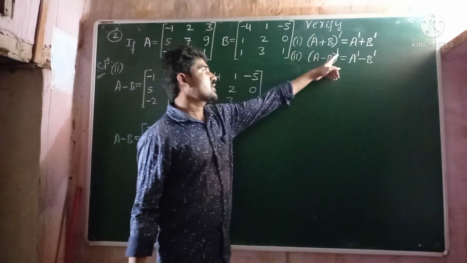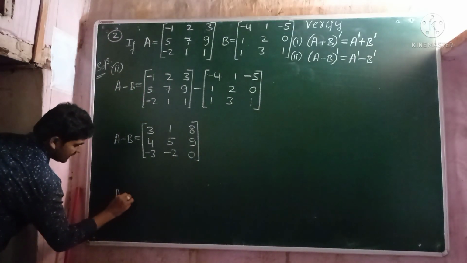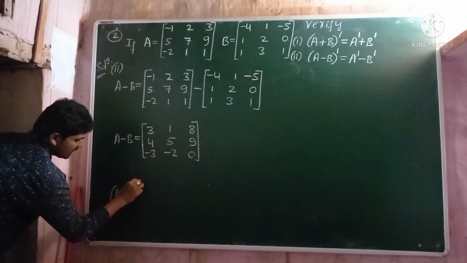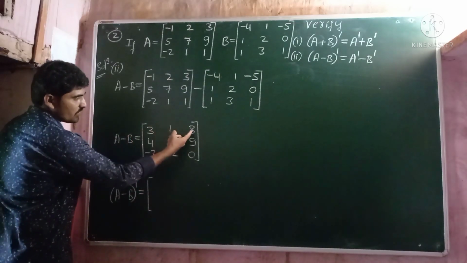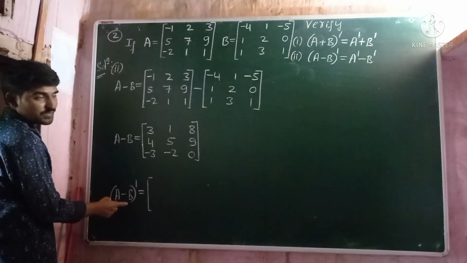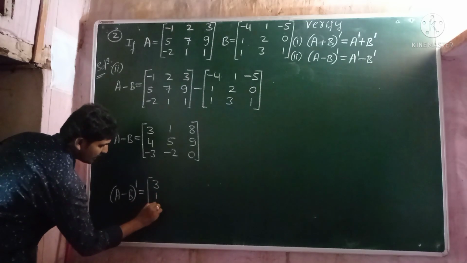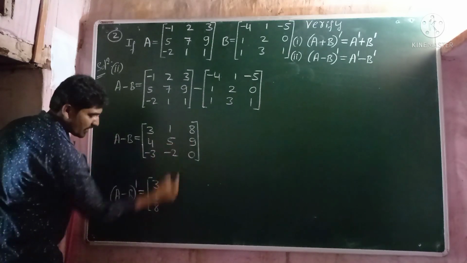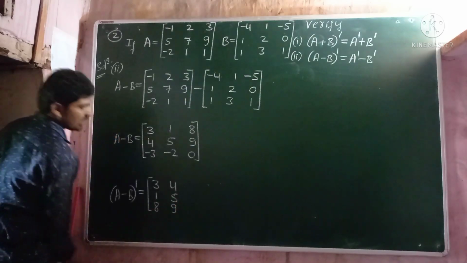Now the transpose of this matrix A minus B. So A minus B whole dash is equal to: first row of the matrix A minus B becomes first column of A minus B whole dash, that is 3, 1, 8. Second row becomes second column, 4, 5, 9.